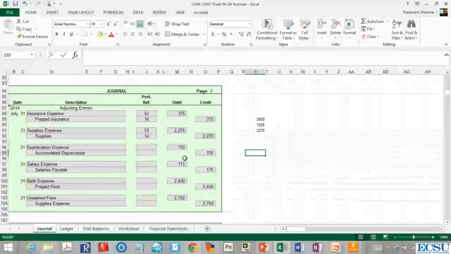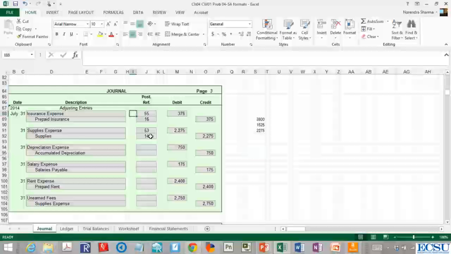Now I'm calling this A, B, because that is the reference given in the problem, D, E, and F. So the next is number C, that is accumulated depreciation and depreciation expense.